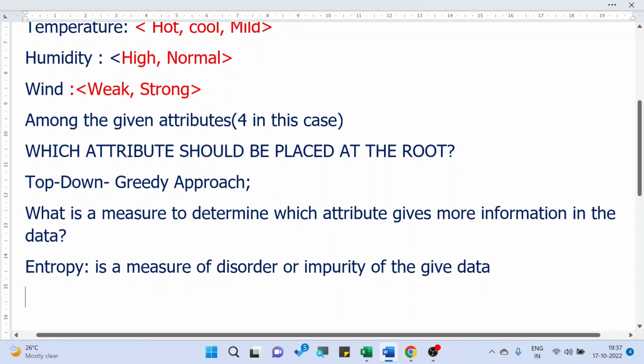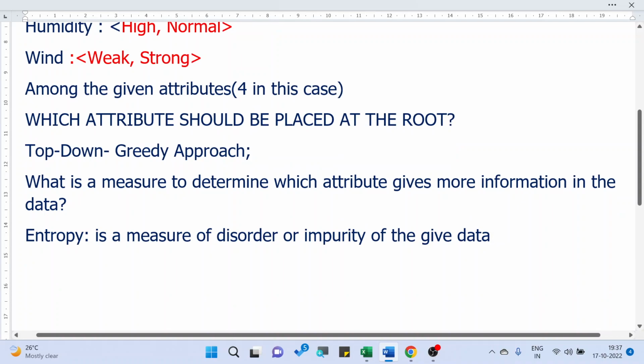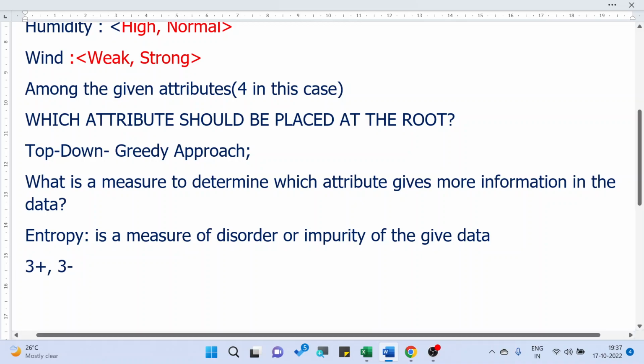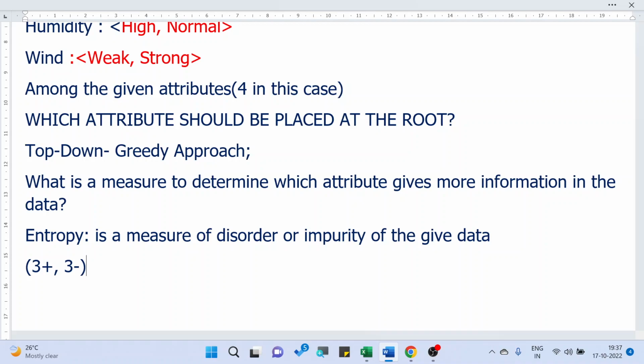For example, in the given data, there are 3 positive examples and 3 negative examples. That means this data is evenly distributed. We cannot take any decision from this data. Whereas if the data we have is 3 positive and 0 negative, then I can take a decision from the data, my decision would be yes or positive.